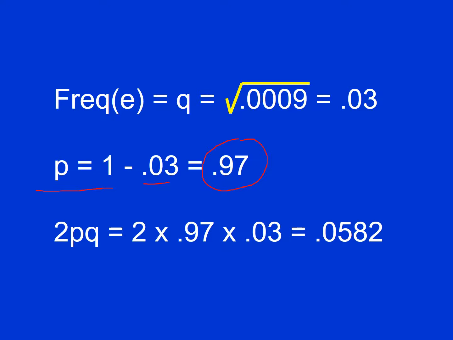What's the frequency of carriers in our population? 2PQ. Do the math here. And the frequency of carriers is 0.0582, or almost 6% of our animals are carriers for that red gene, even though they appear to be black in color.